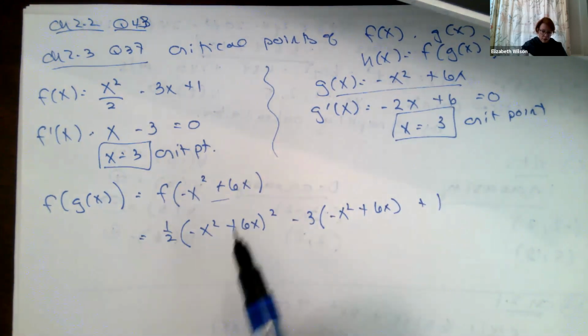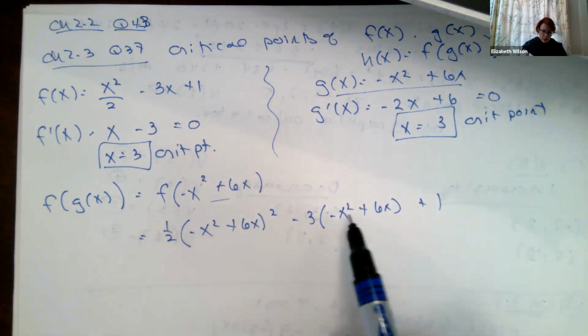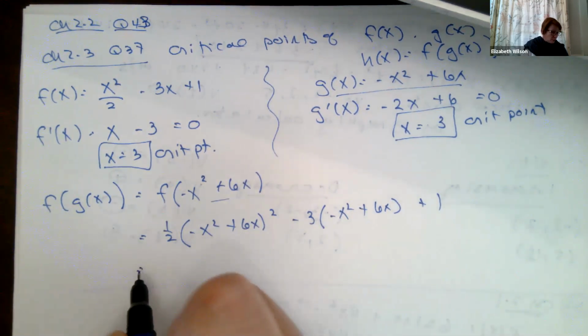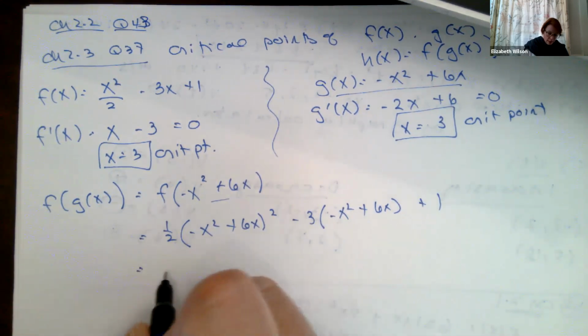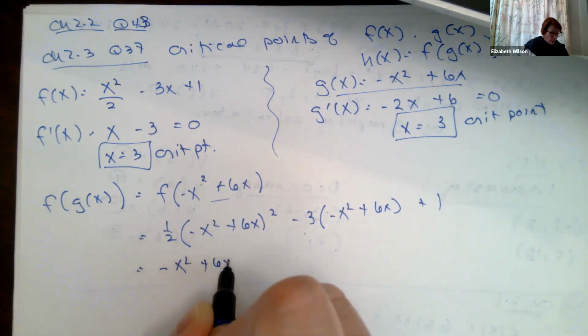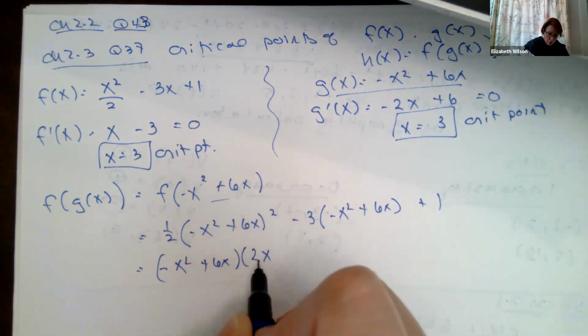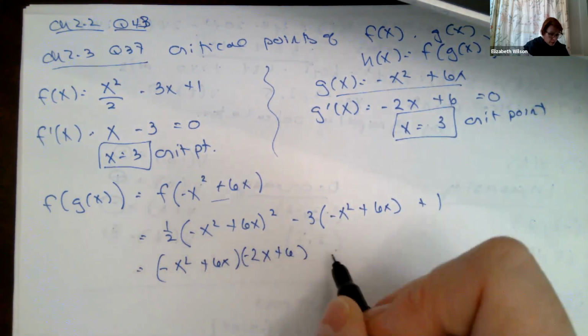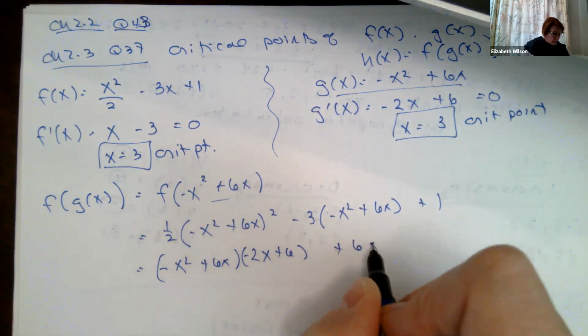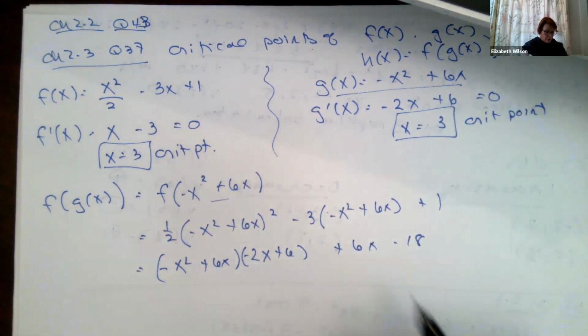Now I have to FOIL things out here and distribute things to get one big term. There's a lot of algebra. And then I set that equal to 0.